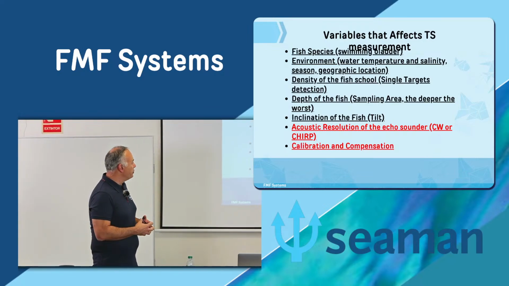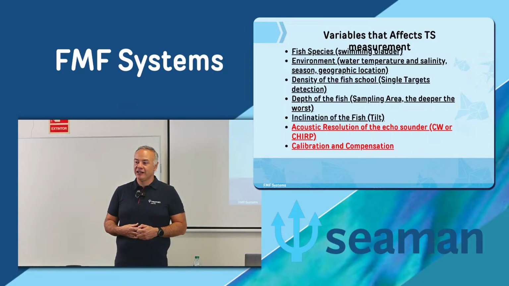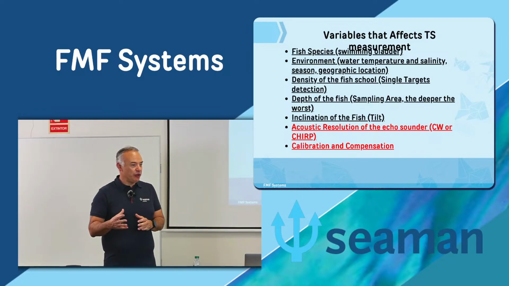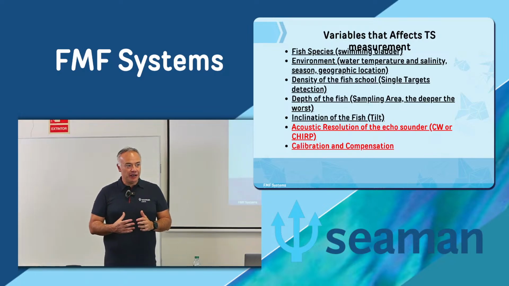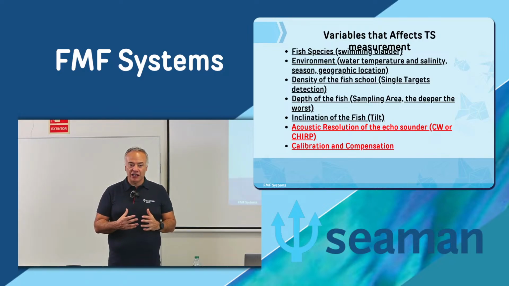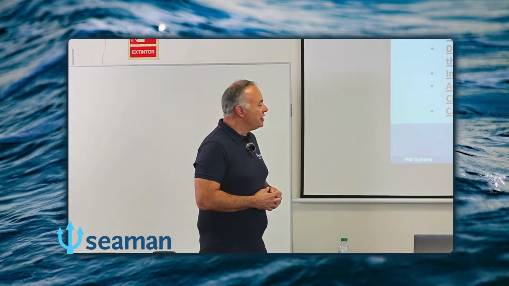Because if you don't identify a single target in the sampling area, then you can have situations in which the shape of the target is affected, the size of the target could be wrongly measured, and obviously the depth decreases the possibility to measure and increases the difficulty.